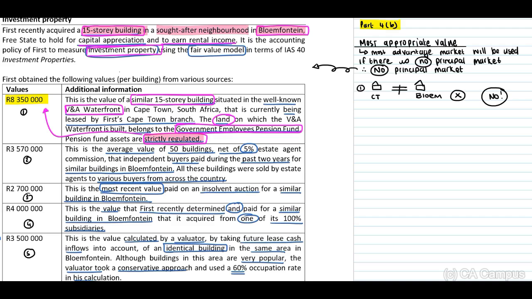Therefore, there might be restrictions going forward to sell this building. Okay. Therefore, again, this will support why we indicate that this will not be an appropriate value, because this land is owned by government. And they actually indicate to us that it is strictly regulated.